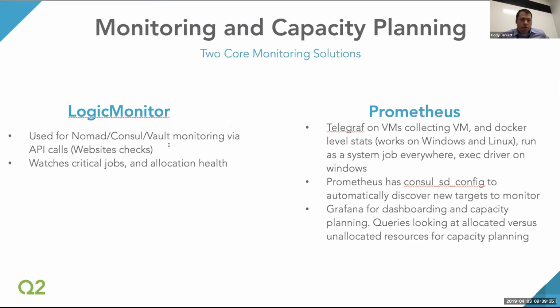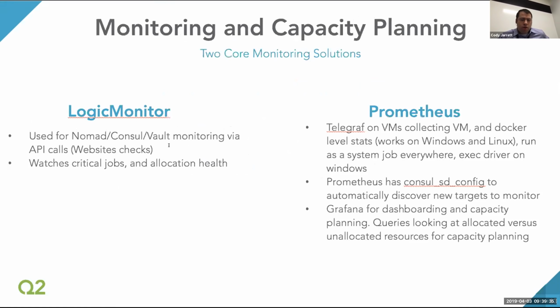And then we also use Prometheus. So we're running Telegraf as a system job that's constrained based on whether it's a Linux or Windows host. For Linux hosts, we run the Telegraf container, and then for Windows, we're using the exec driver to just install and run the executable directly on the node.